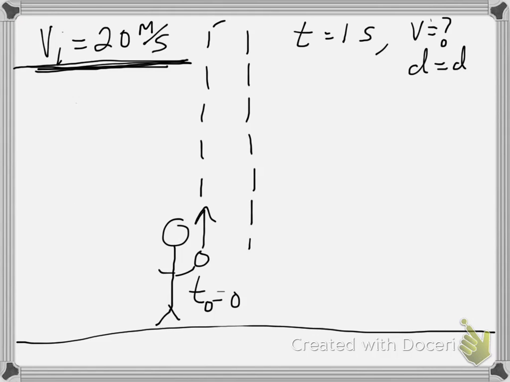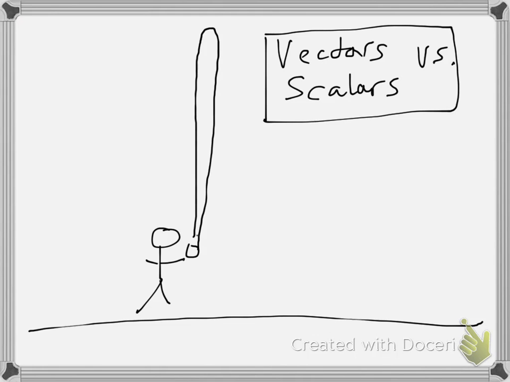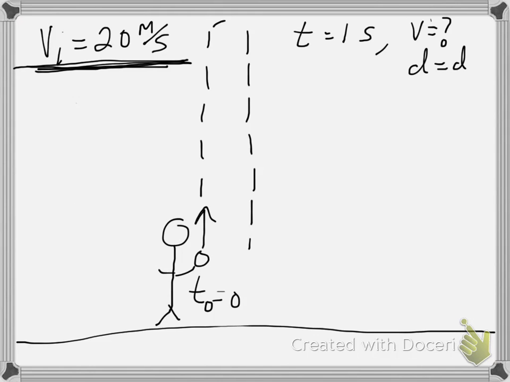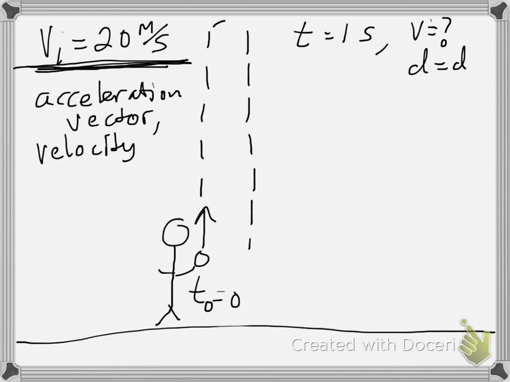Okay, so I said before, this is where we need to take the whole vectors versus scalars into account. So remember that acceleration is a vector, as is velocity. So when you toss an object up, what direction are these vectors pointing in initially?